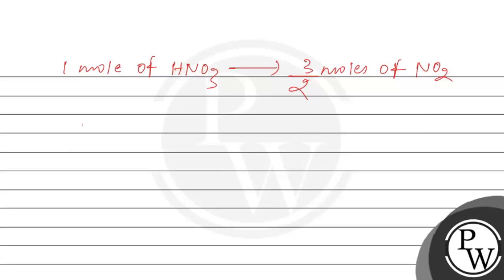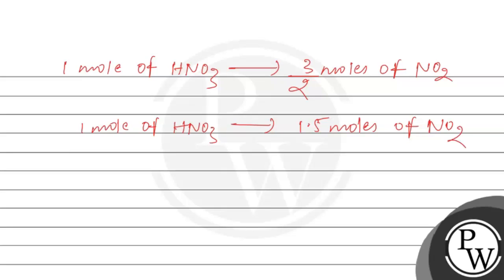So हम clearly लिख सकते हैं, 1 mole of HNO3 is formed by 1.5 moles of NO2.